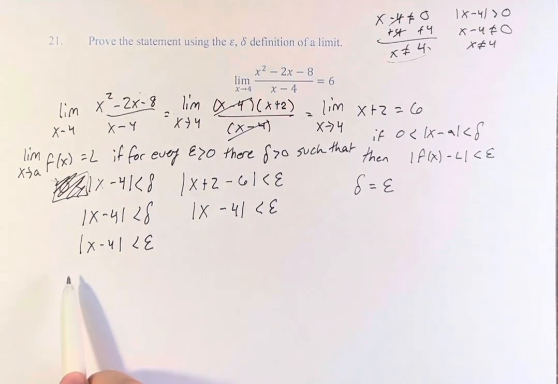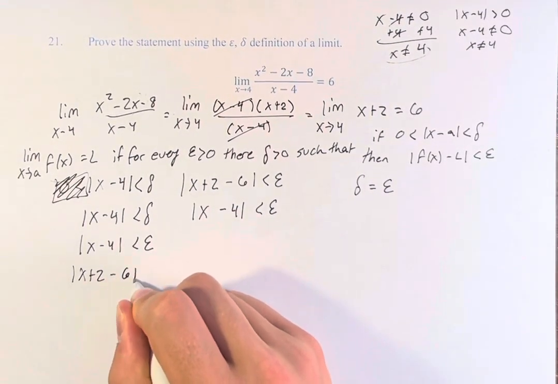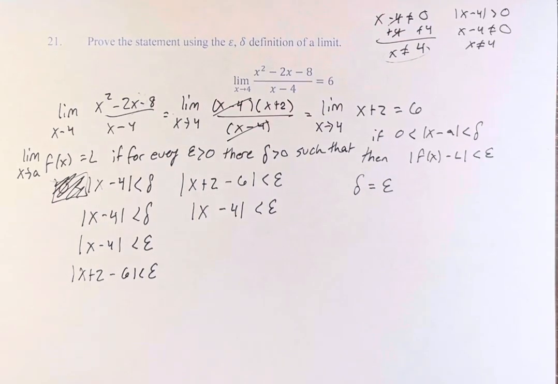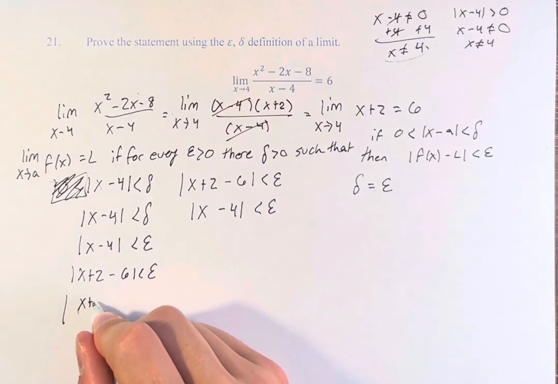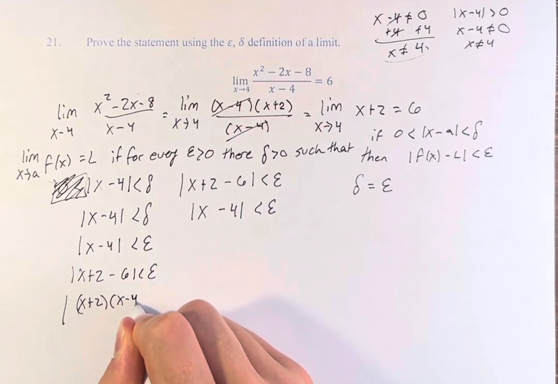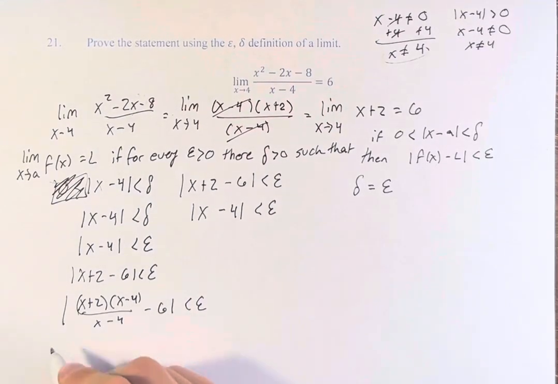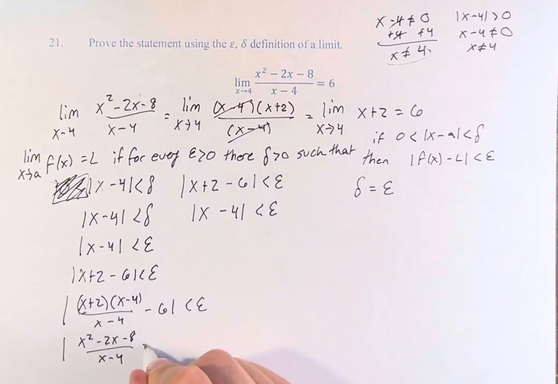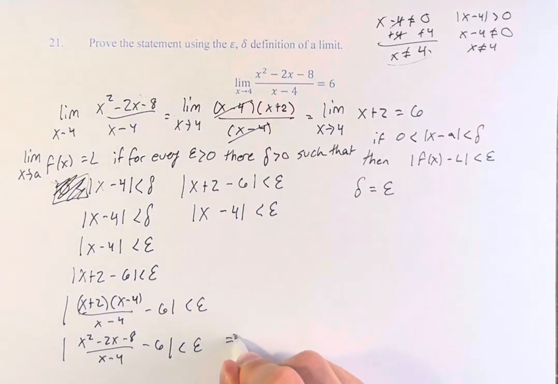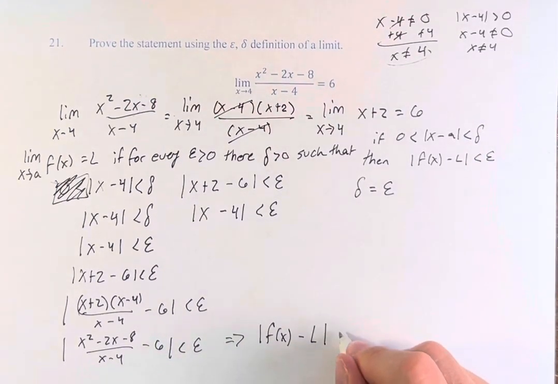If the absolute value of x minus 4 is less than epsilon, then the absolute value of x plus 2 minus 6 is less than epsilon. And if we take that x plus 2 and multiply it by (x minus 4) over (x minus 4), then this is the absolute value of (x squared minus 2x minus 8) over (x minus 4) minus 6, which is less than epsilon, and therefore the absolute value of f of x minus L is less than epsilon.